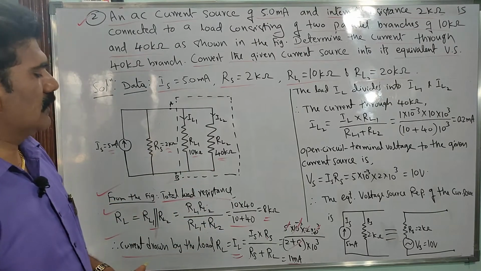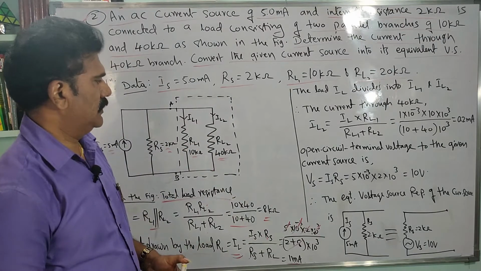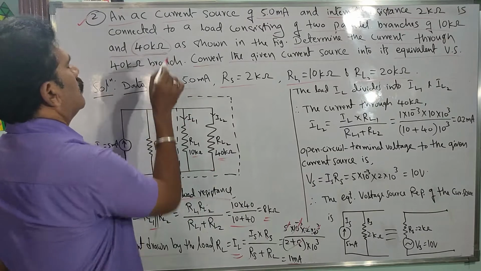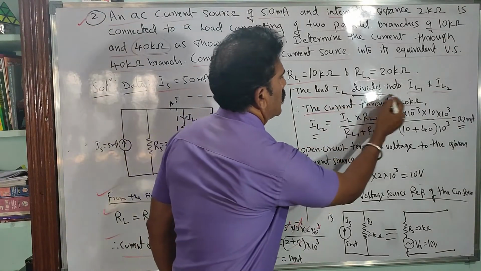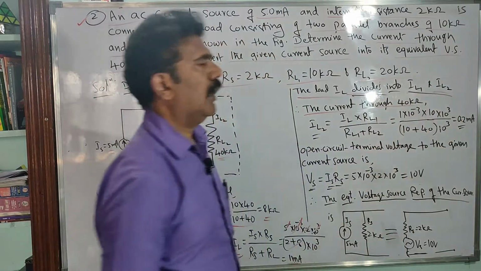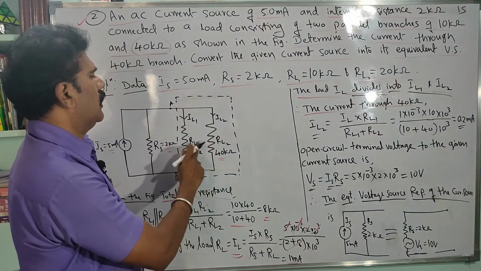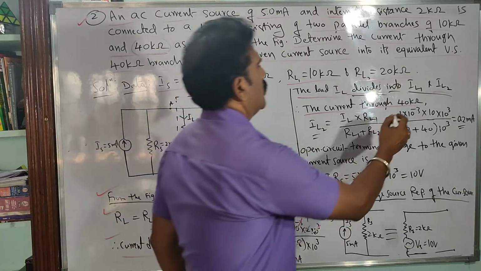Okay, now it is easy to calculate the current through each branch. Which one do we want? The current through 40 kilo ohms is required. So the load current IL divides into IL1 and IL2 through the two resistors, RL1 and RL2, right? It is asked to calculate the current through 40 kilo ohms.